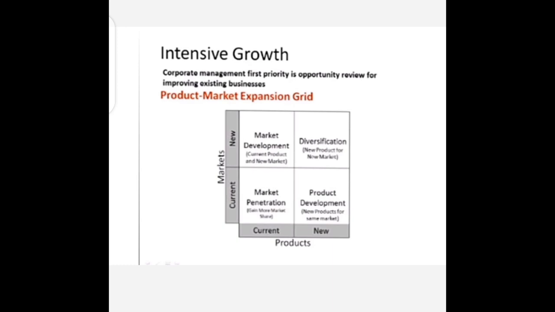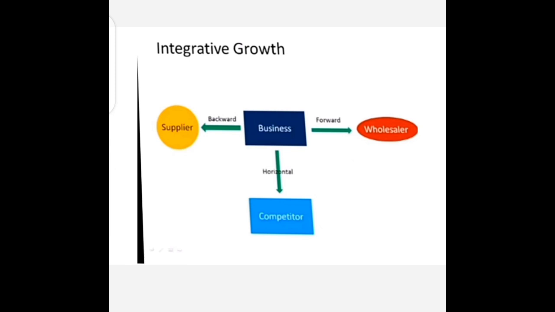If we enter a new market with a new product, then we should diversify our business. This is how the intensive growth model is used in strategic planning to attain goals.